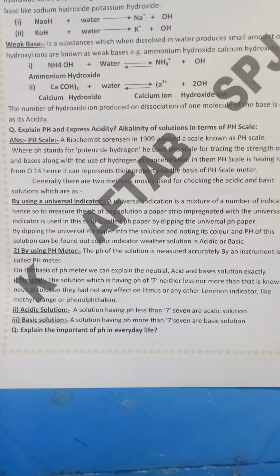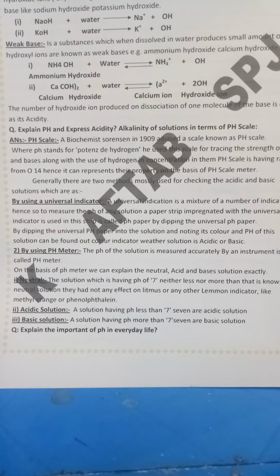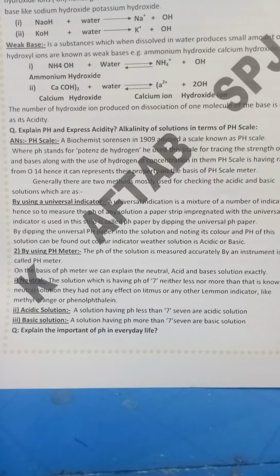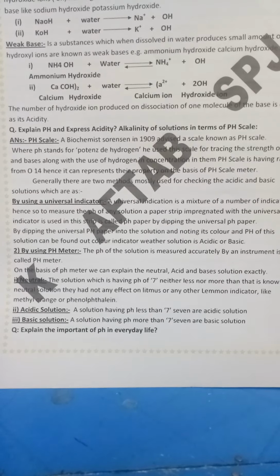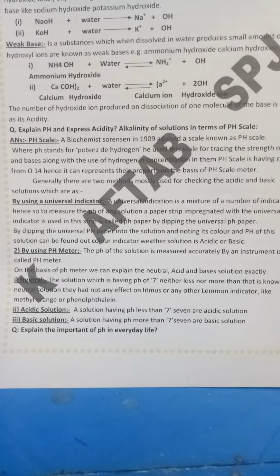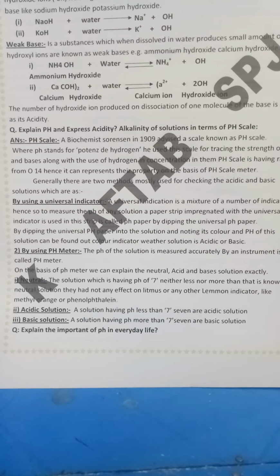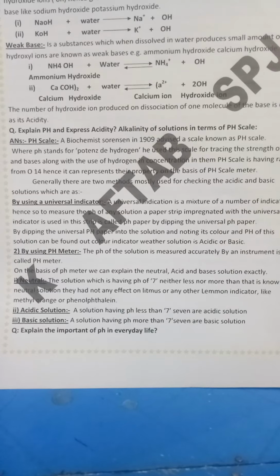And the substances which show a reading from 8 to 14 are basic. When we move from 7 to 8, 8 to 9, and 9 to 10, above 9 the solution is more basic in nature. Sodium hydroxide is the best example.